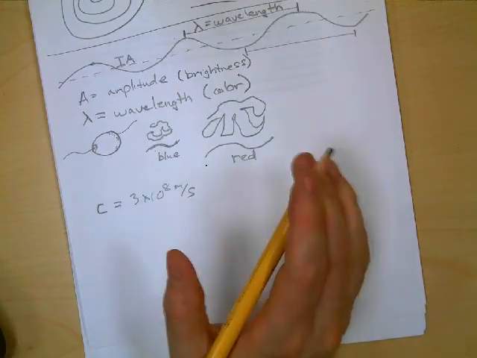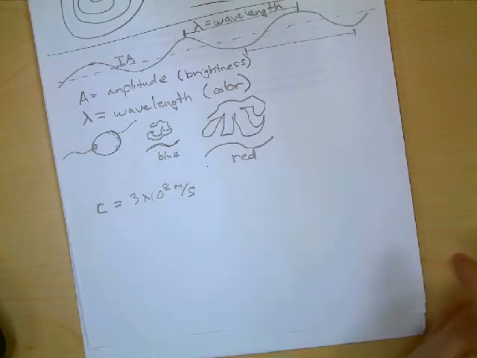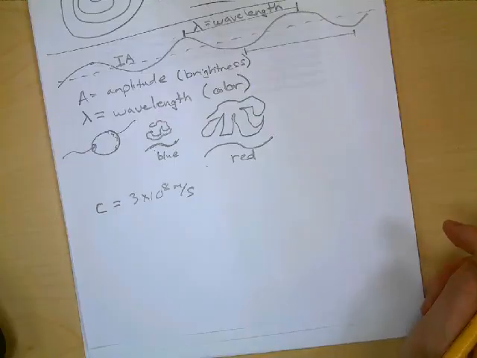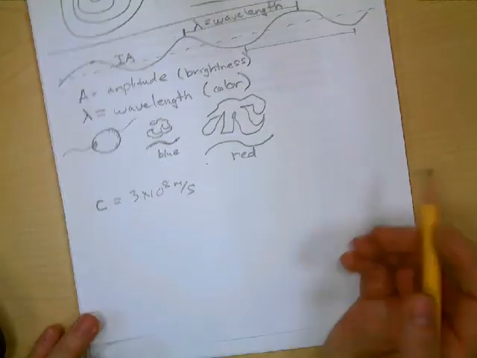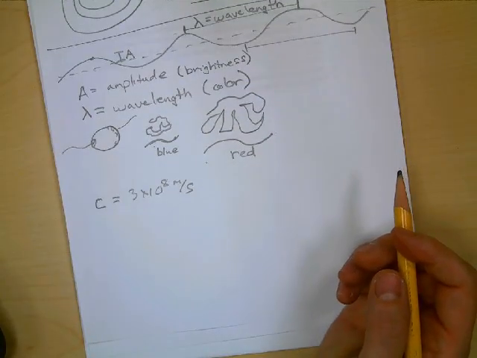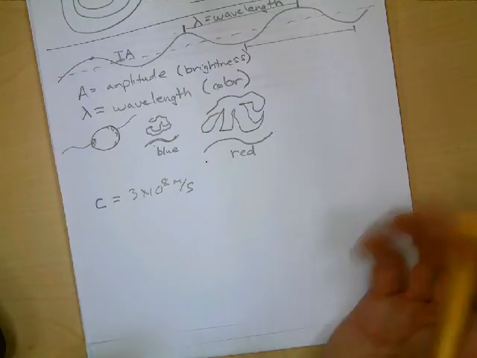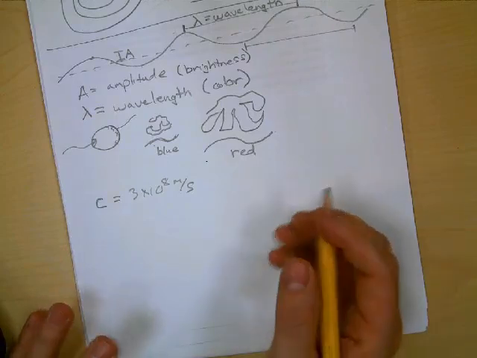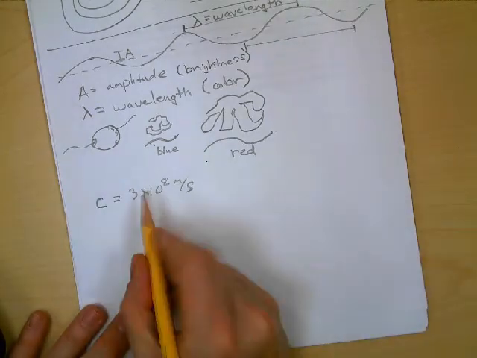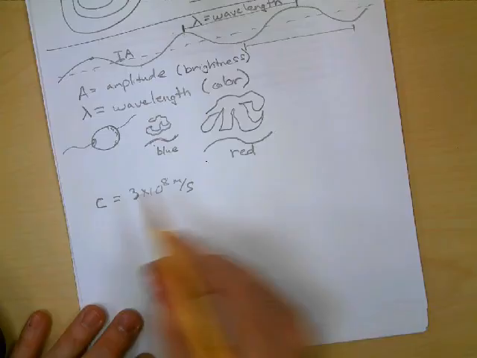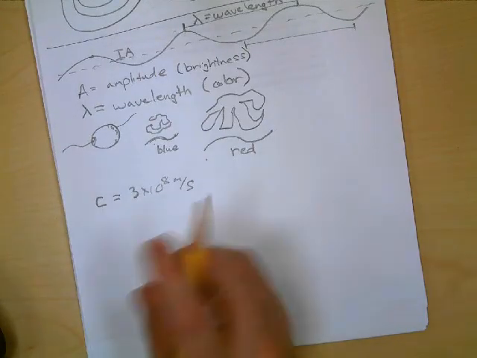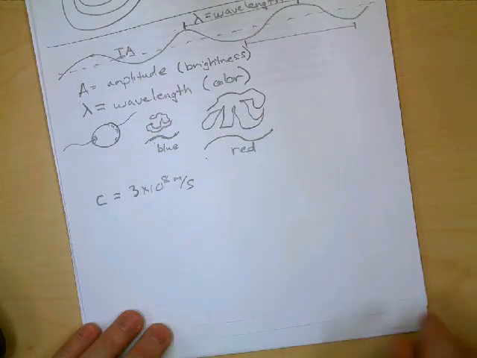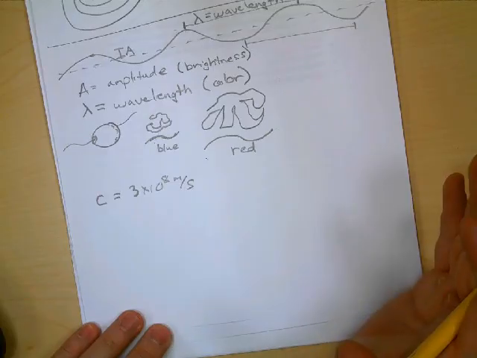So if I made a little blue pulse here and a big red pulse here, then after 1 second, they would both have traveled 300 million meters. And that's true of all light, basically in a vacuum. And I have rounded this number. It's 2.997 something, but we round it to 3. That's enough for this class. So no matter what wavelength you are, if you're a light ray, you travel the same speed.